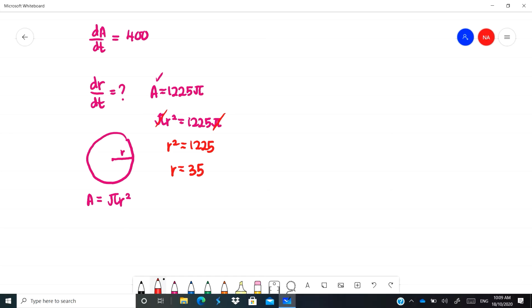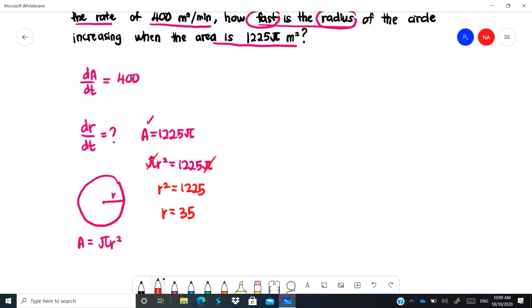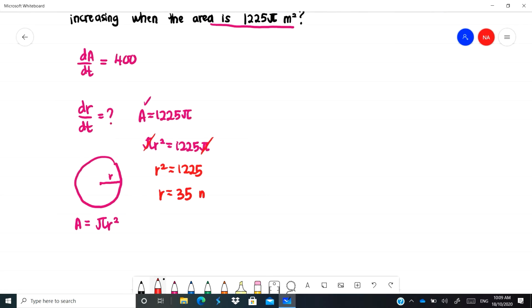Because we take the square root, r can be positive or negative, but I just consider the positive part because we don't have a negative radius in this case. So the radius is 35 meters.